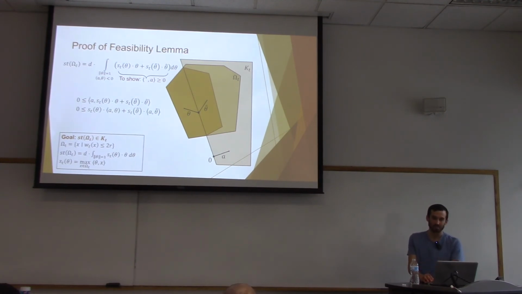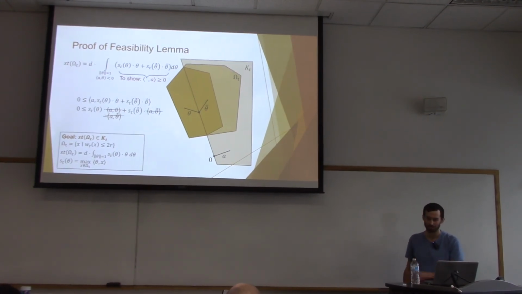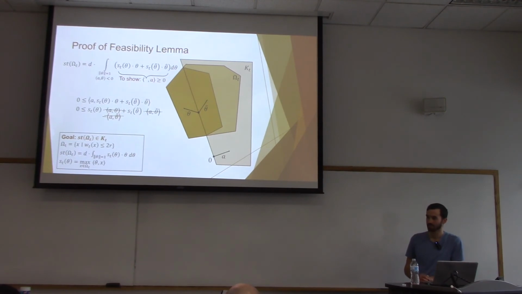And since theta and theta hat are symmetric with respect to this half space, which is defined by A, the inner product of theta and A is the negative of the inner product of theta hat and A. I'll make that replacement. And now theta hat's the one that's positively correlated with A, so I'll just divide by that term and not change the sign of the inequality and rearrange to get that I'm trying to show that the support function of theta is less than the support function of theta hat.